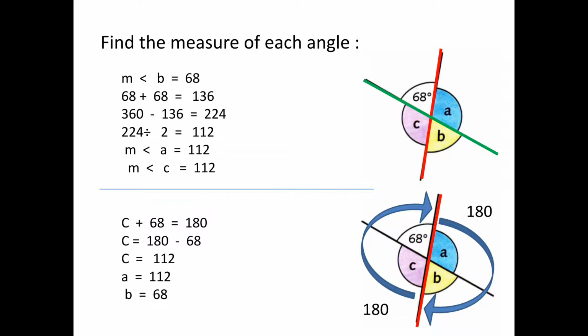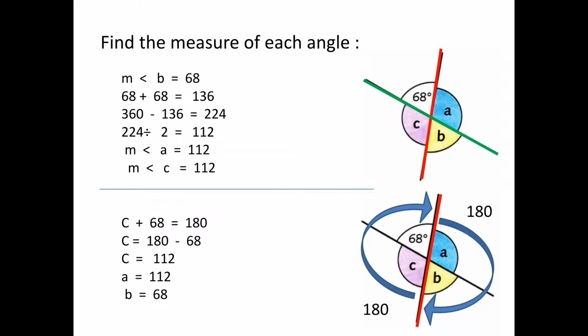And as you see, on the right hand side, A and B together are 180. On the left hand side, C and the 68 together are also 180. So I can get C by itself because I know that C and the 68 are equal to 180. Subtract, and it will give you the measure of angle C.